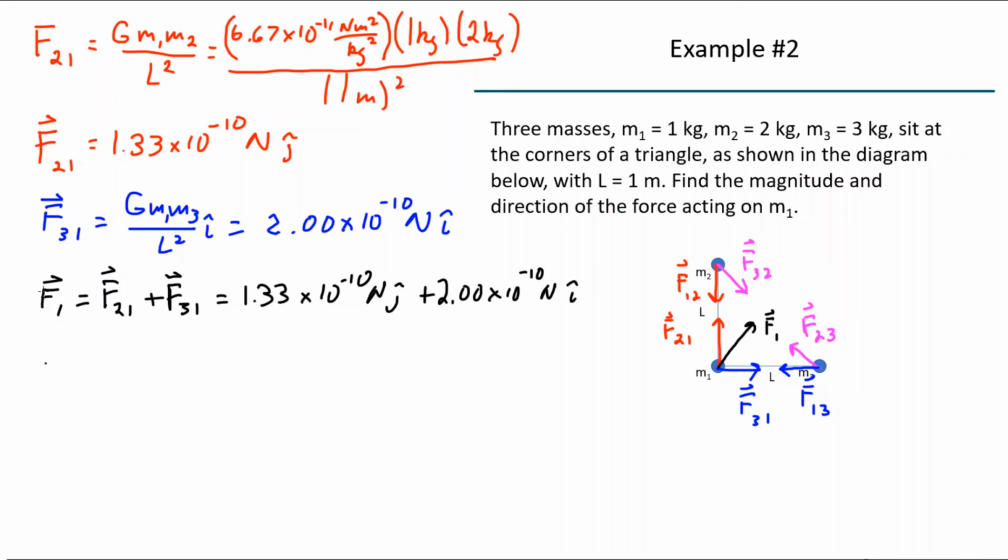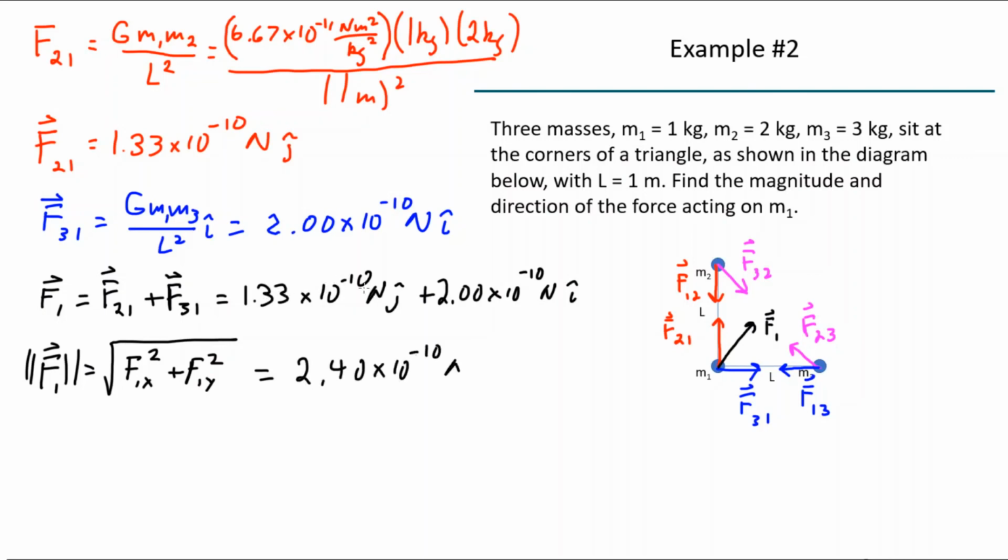Now, if I want to find the magnitude, well, I just use the Pythagorean theorem. The magnitude of F1 is going to be equal to the square root of F1x squared plus F1y squared. This just equals 2.40 times 10 to the minus 10 newtons.